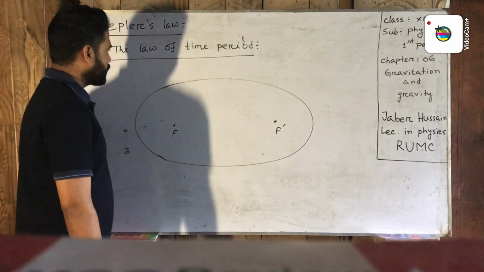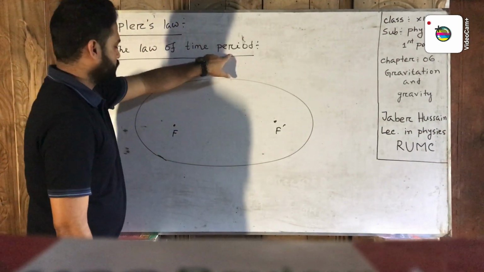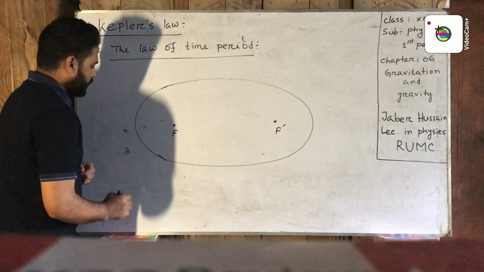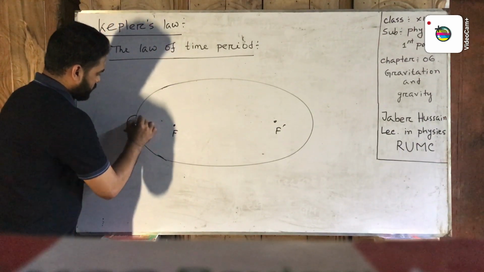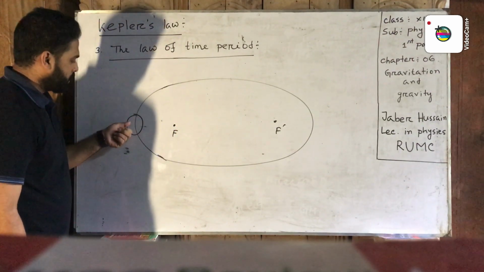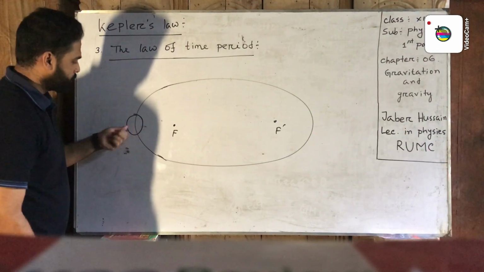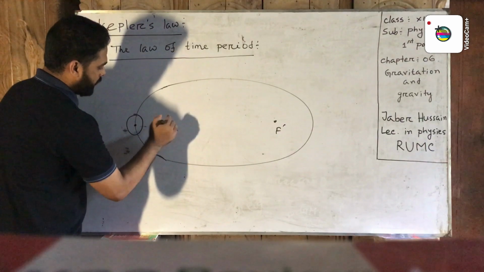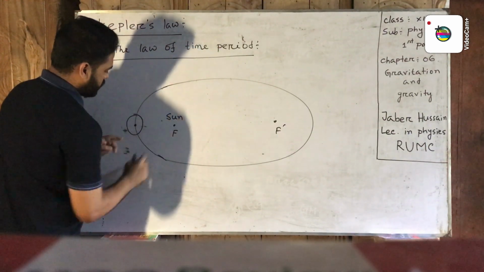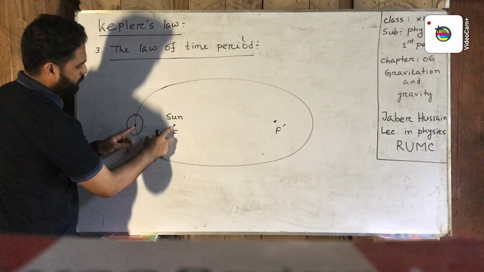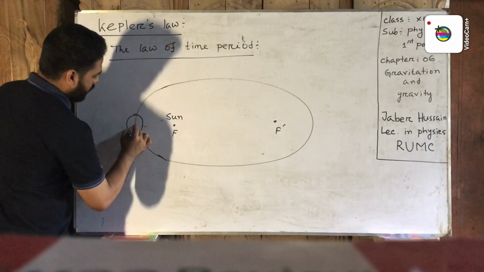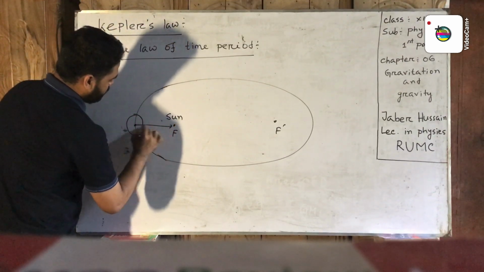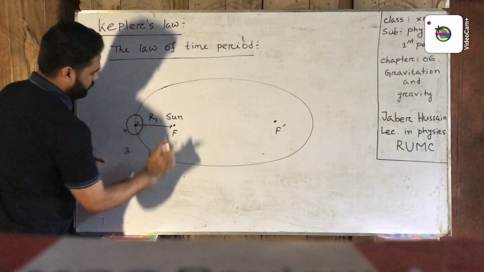Now, Kepler's third law, the law of time period. When the planet moves around an ellipse and reaches this point, the distance between planet and sun will be minimum, and let us consider the minimum distance will be r1.